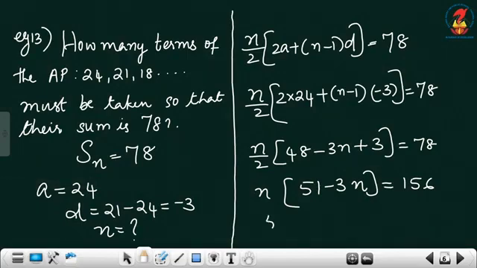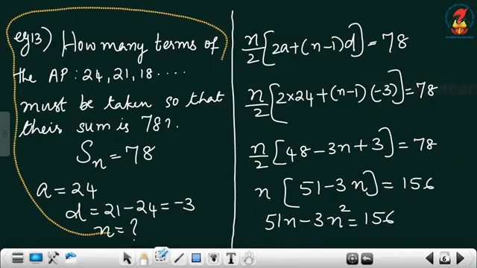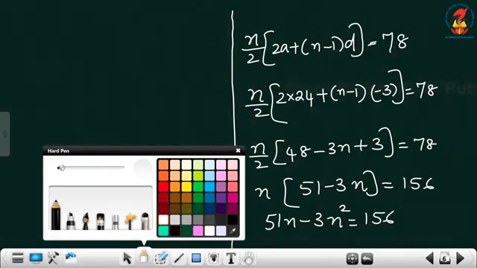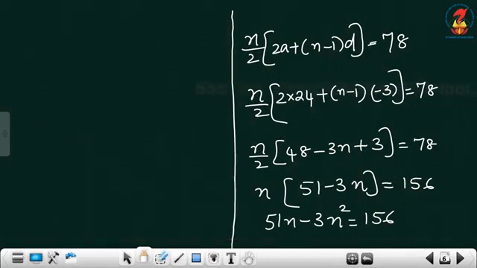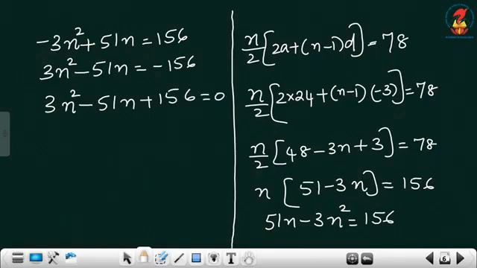So 51n minus 3n square is equal to 156. So it is a quadratic equation: minus 3n square plus 51n is equal to 156. So 3n square minus 51n is equal to minus 156. So it is 3n square minus 51n plus 156 equal to 0.